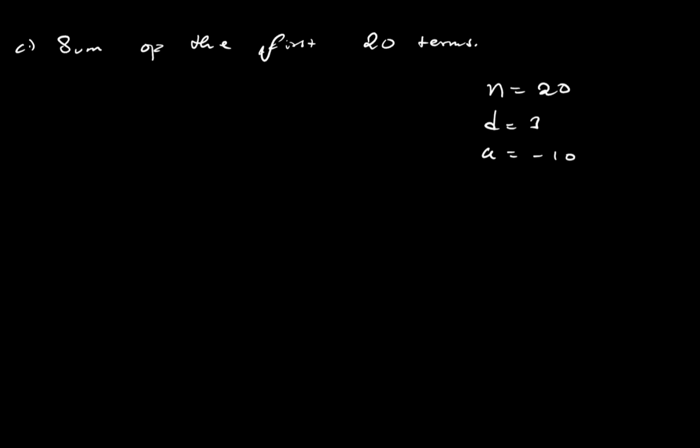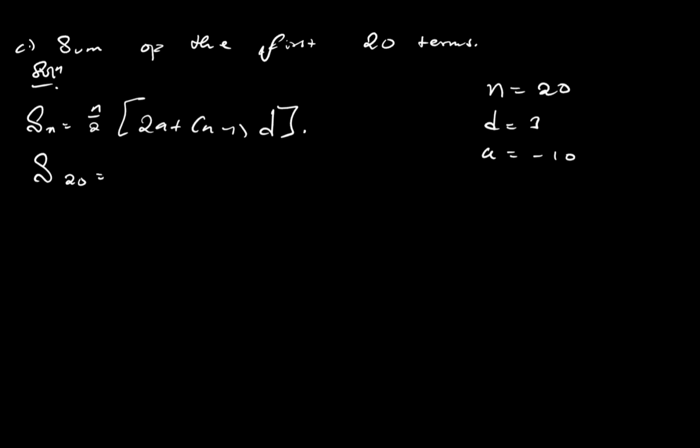So S sub n is equal to n over 2, then 2a plus n minus 1, then d. So S sub 20 is equal to n, which is 20, divided by 2, then you have 2 times negative 10 plus 20 minus 1, then times 3.